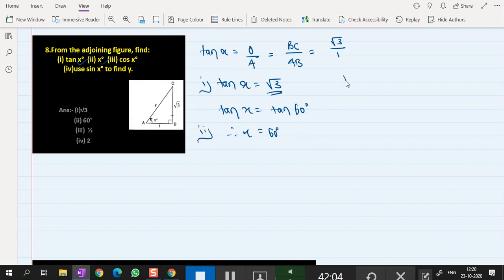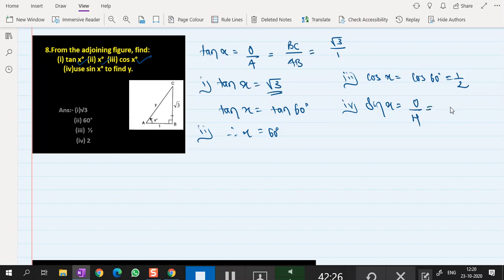Cos x, the third answer. Cos of x, x is 60, so cos 60, which is 1 by 2. We got the third answer. And use sin x to find y. Sin x is opposite upon hypotenuse.